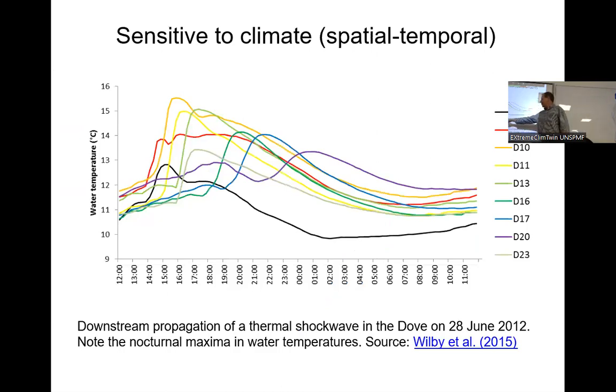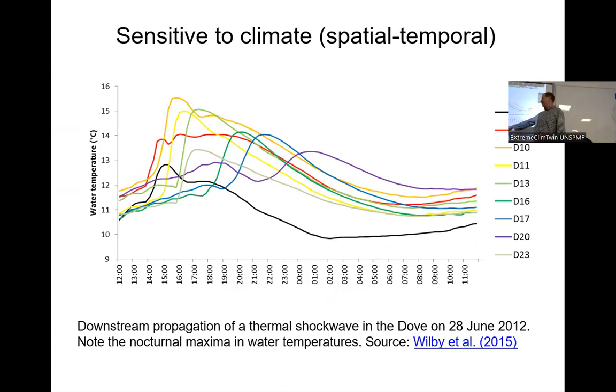And indeed, if we look through time, and each of these curves is for a different location, what we see is the movement of that thermal spike as it drifts downstream. We term this a thermal shock wave, just to attract attention from readers.